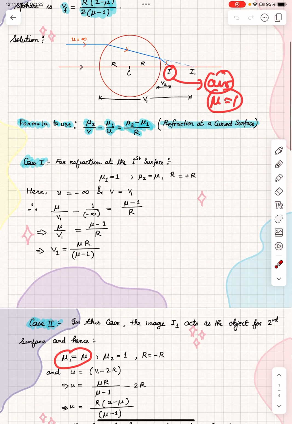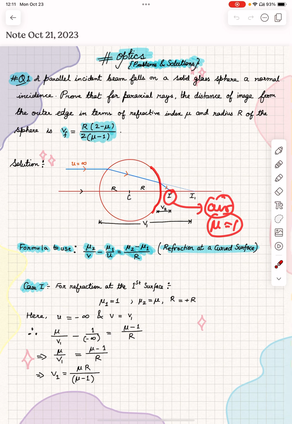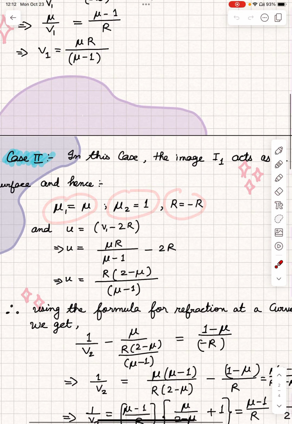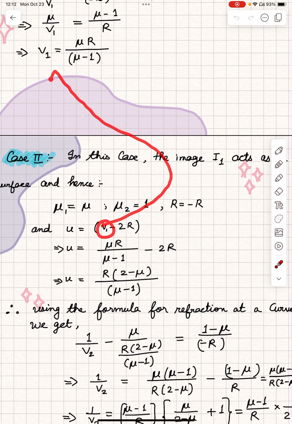So mu2 is equal to 1, and the radius of curvature is negative, because of the sign convention. So u is equal to v1 minus 2r, which I showed you just now. The value of v1 is here itself. Put the value of v1 here, and you solve it and you get this.